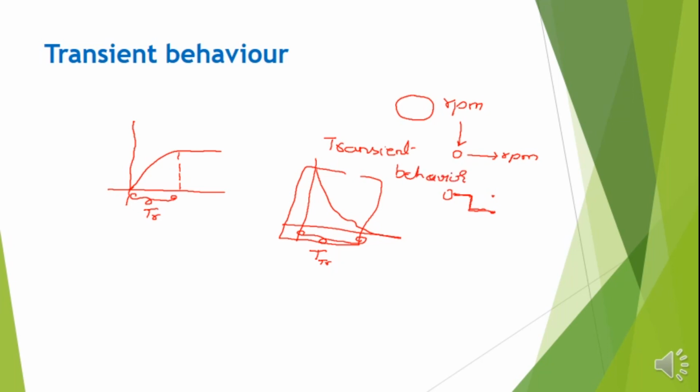Now the question is, why is this transient behavior analysis required? In the previous example, I considered a very simple graph, gradually increasing and then coming to steady state. But that may not be true, because as you give a supply, it may oscillate for some period and then reach a steady state.